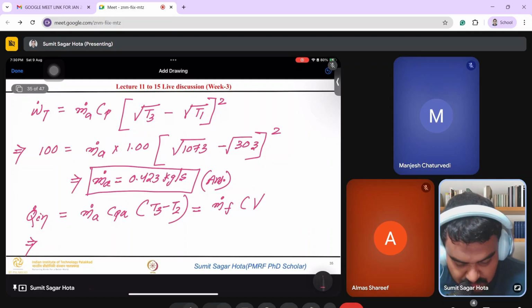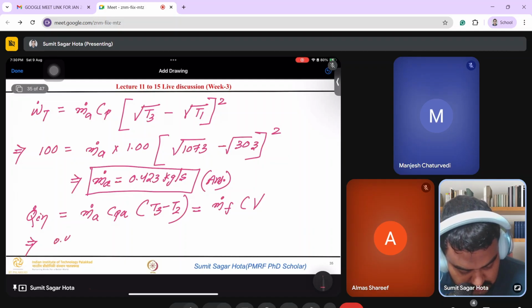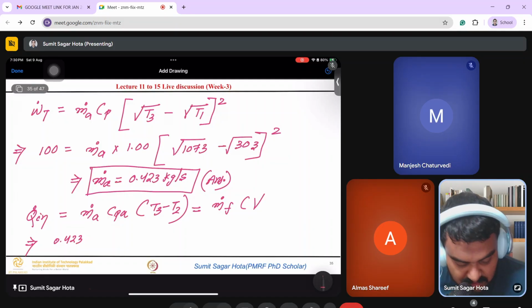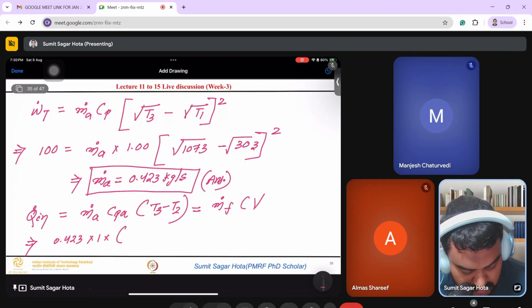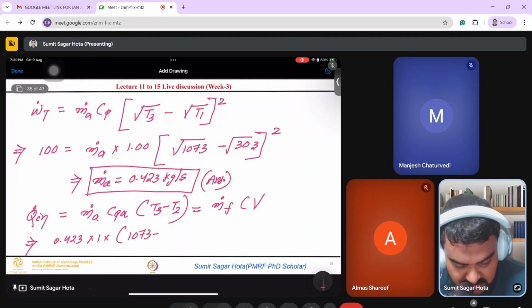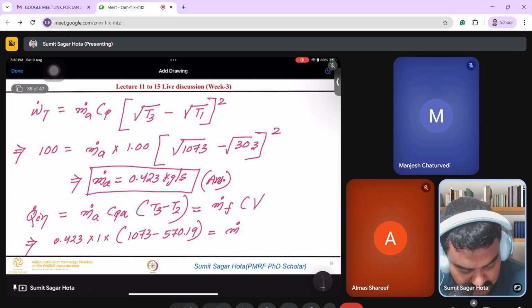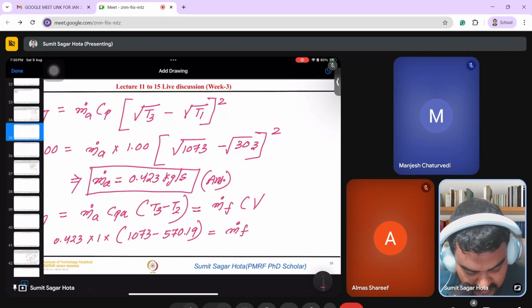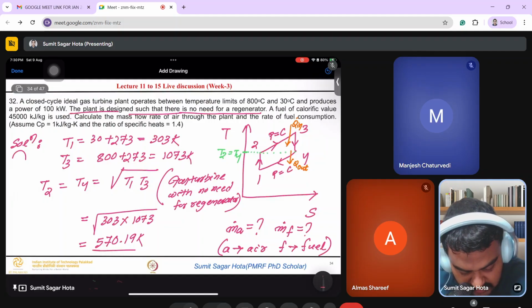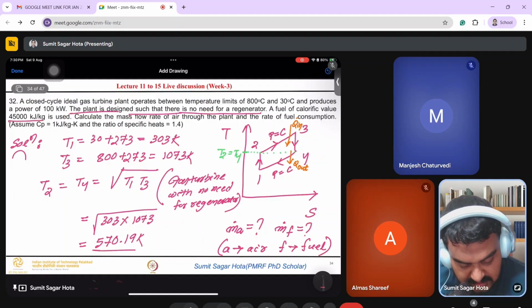We just substitute all these values. These are all the values we have. Cp of air is 1.005 into 1073 minus 570.19. Okay, m dot f we need to find out. Calorific value is already given in the question, 45,000 kilojoule per kg.